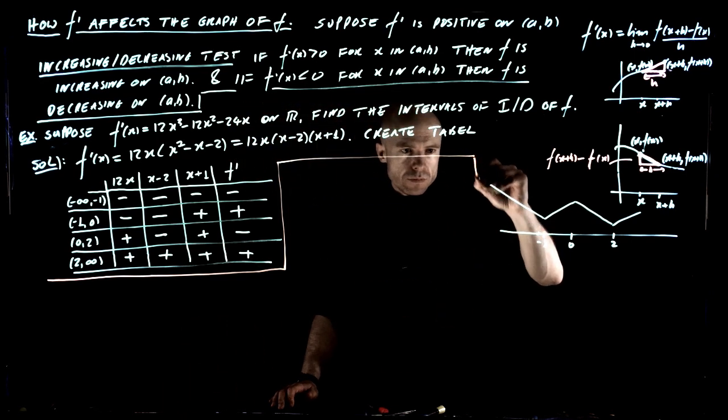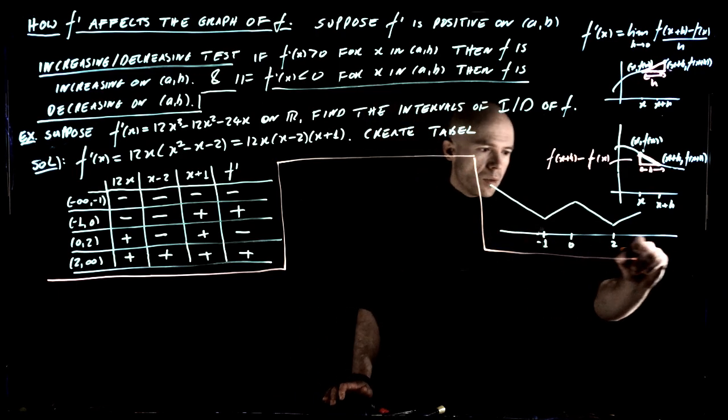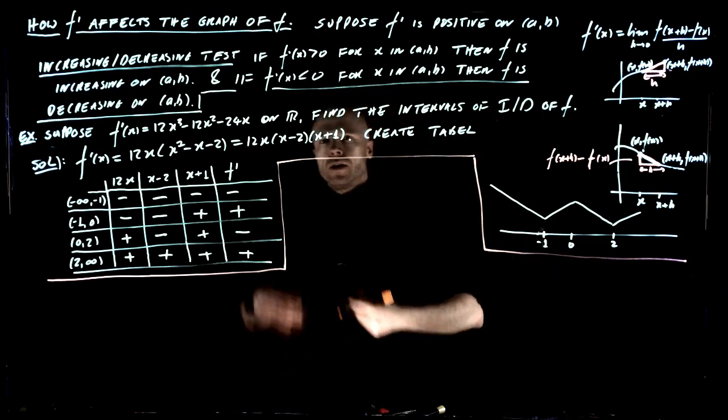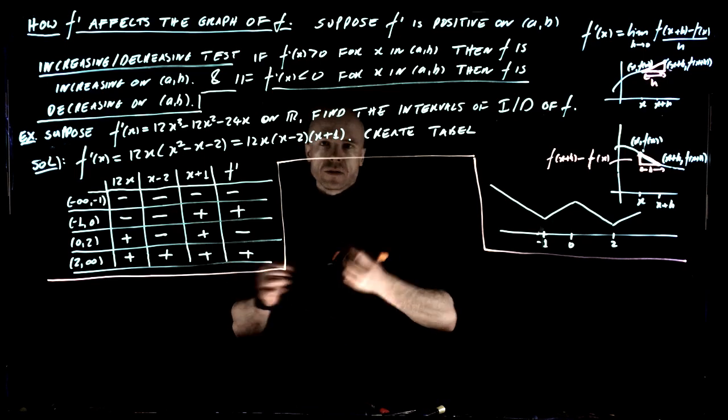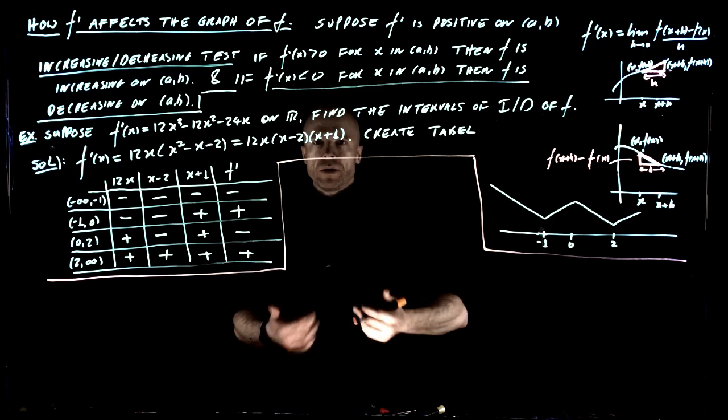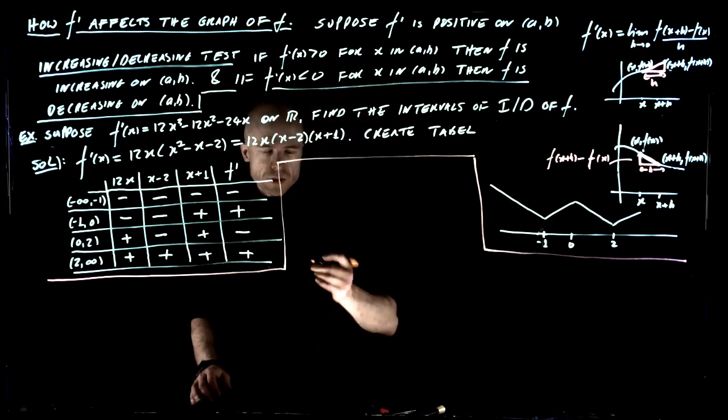Now, we're going to talk about using the derivative to identify whether we have a local max, a local min, or nothing above a critical number. Okay?